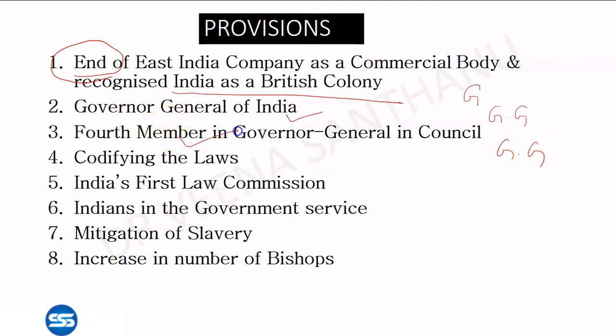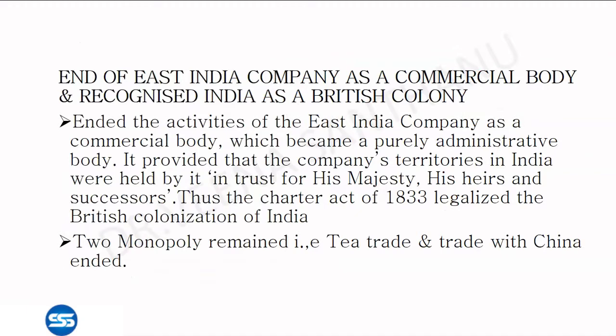Then a fourth member in Governor General in Council, because previously it was 4, then reduced to 3, now it's again 4. Codifying the laws, India's first law commission, very important, Indians in the government services, mitigation of slavery, and increase in number of bishops. These are the main provisions under this act.